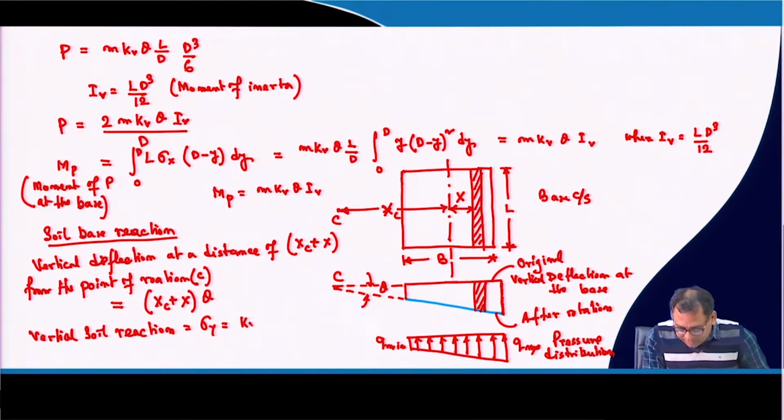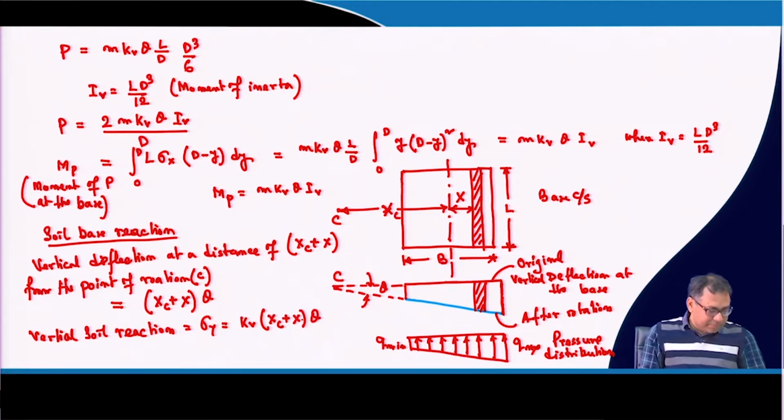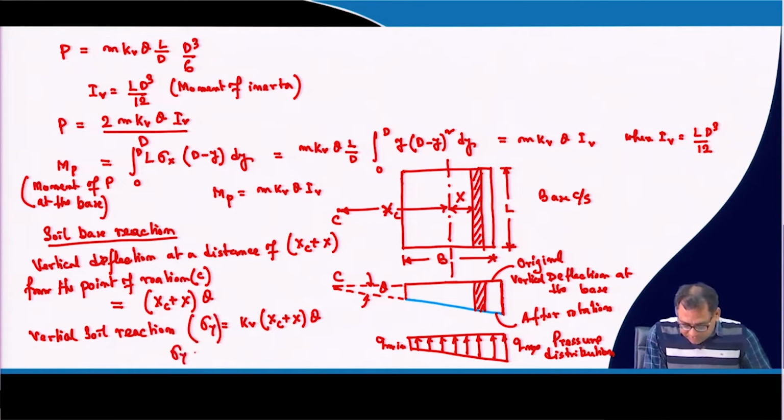This will be the kV into that deflection, xc plus x into theta. So, this is the sigma y at any distance from the point of rotation, or I should write sigma y is kV into xc plus x into theta.